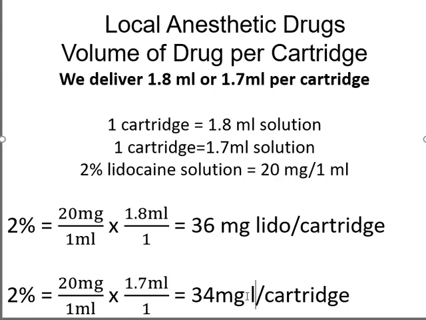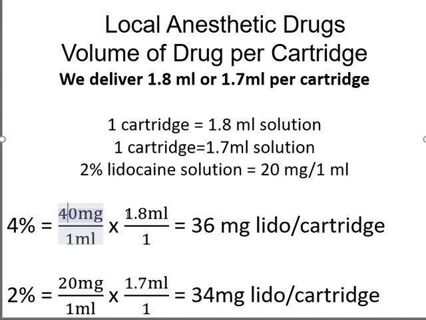Now, this would change if we were talking about articaine or prilocaine, because that's a 4% solution. So if it was a 4% solution here, that changes that to 4%. Then you would have 40 milligrams. The cartridge remains the same.